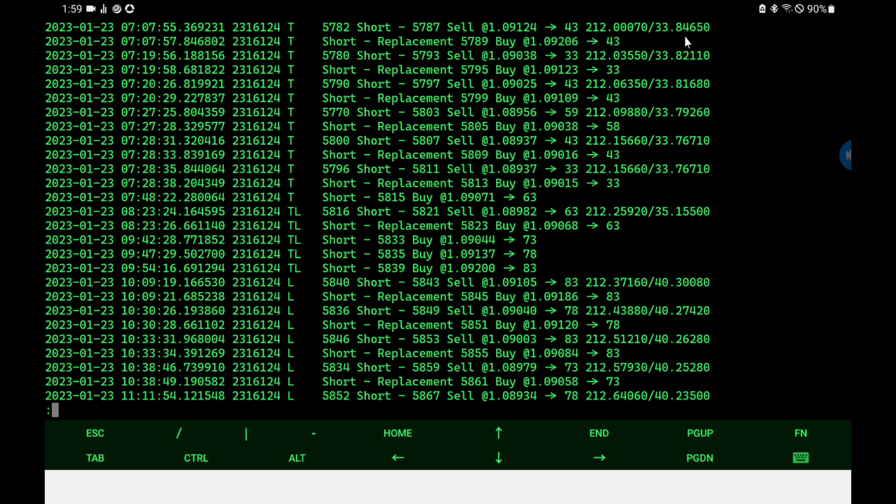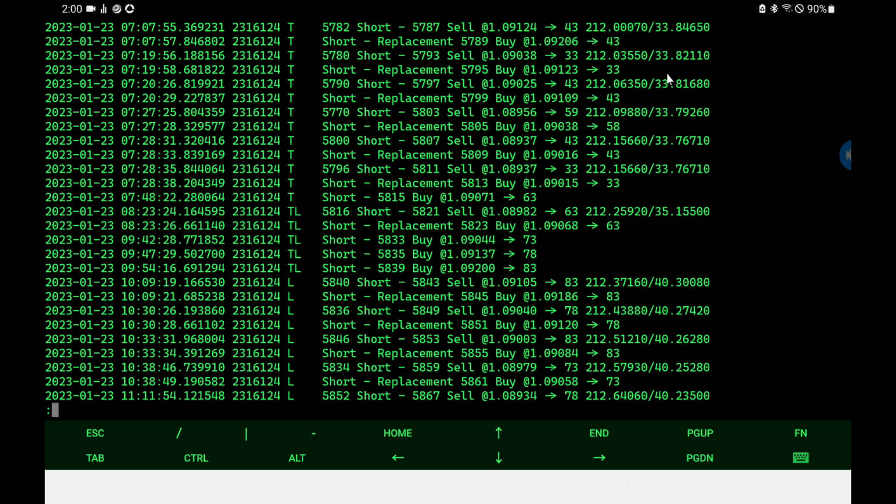So what this translates to is that my maximum margin at this point in time was not allowed to go above $72, roughly 45% of this amount. So this is the margin when I started the clustering process.